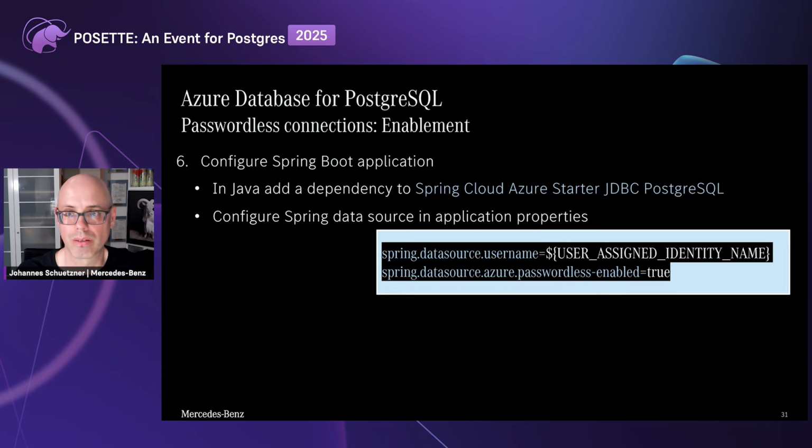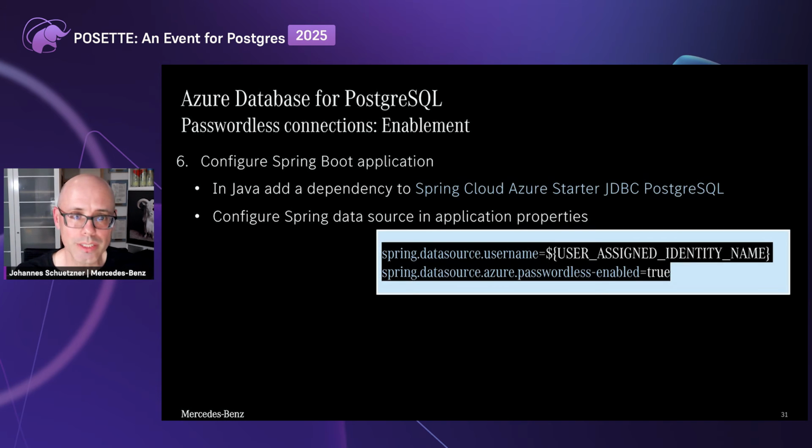And then last but not least, for your Spring Boot application, there are two steps. It's more like configuration steps. You don't have to change the coding. One is to add a dependency to the Spring Cloud Azure Starter JDBC PostgreSQL library. That's a long name.